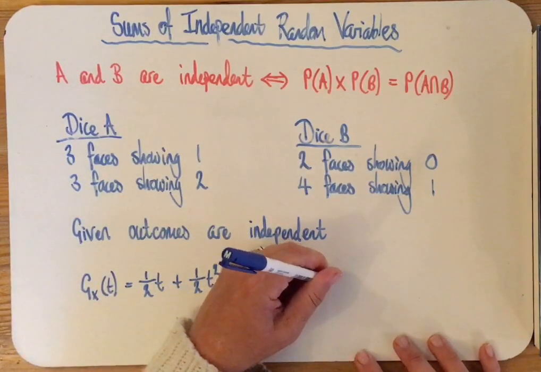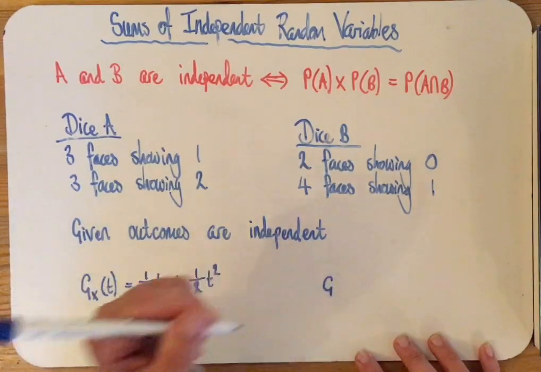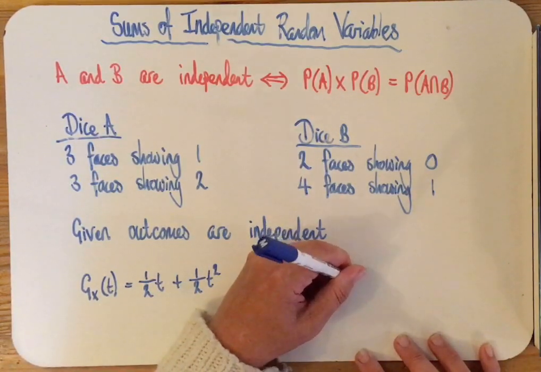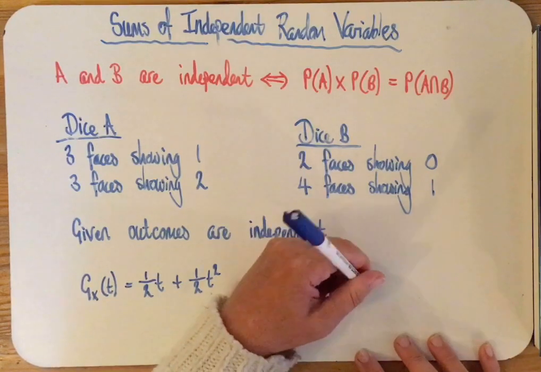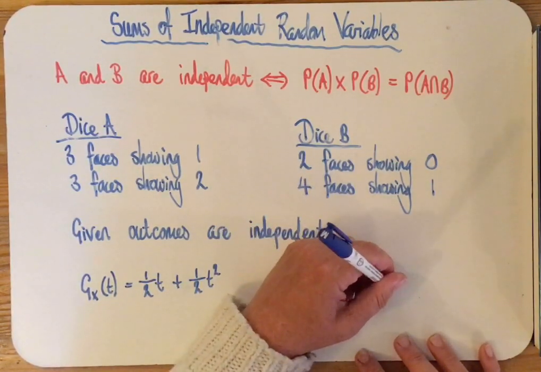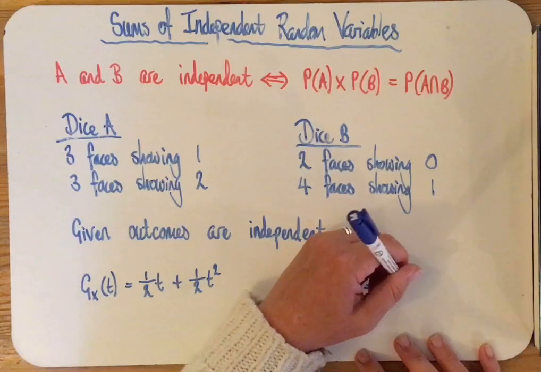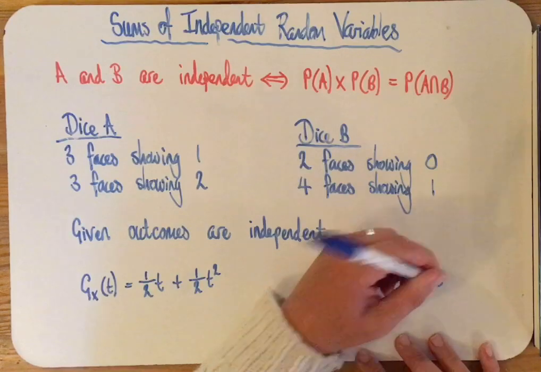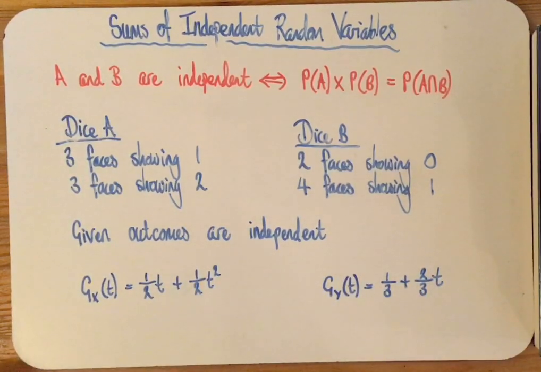And then for dice B, the probability generating function, I'll call this one y instead of x. So you've got 1/3 chance of getting 0 and 2/3 chance of getting 1. So that gives you those 2 probability generating functions.